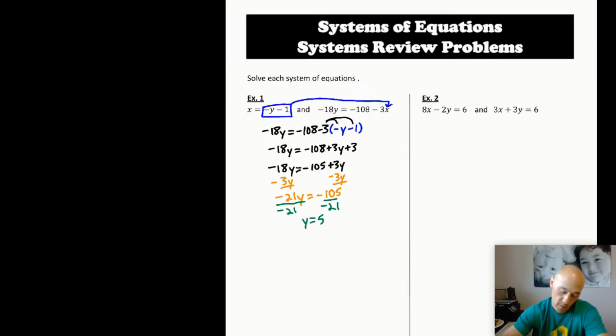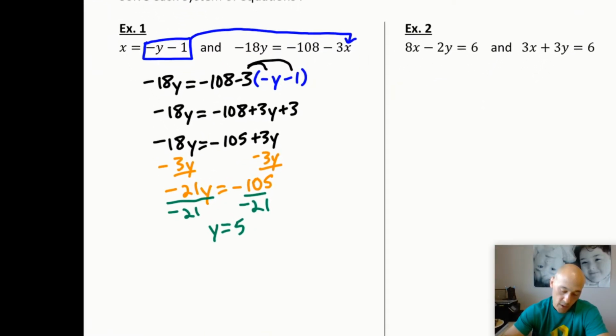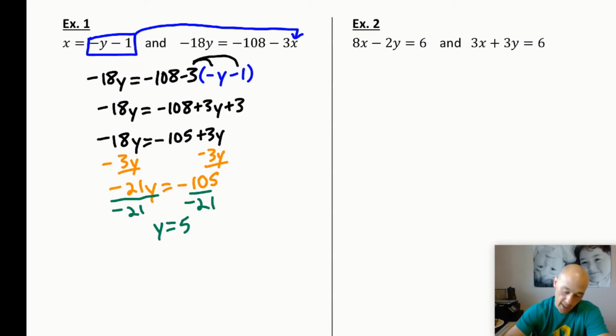All right, so let's see how much room we have on the page here. Oh, nice, plenty of room. So now we need to solve for x, and I can use either one of my two equations and plug 5 in for y. Well, x is already isolated here, so that's the equation I'm going to use.